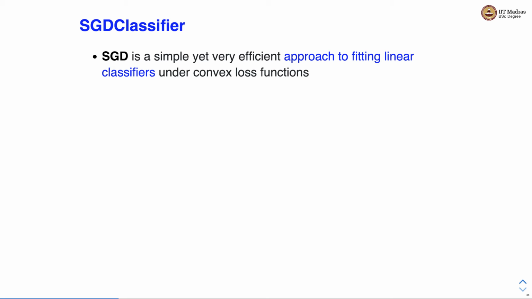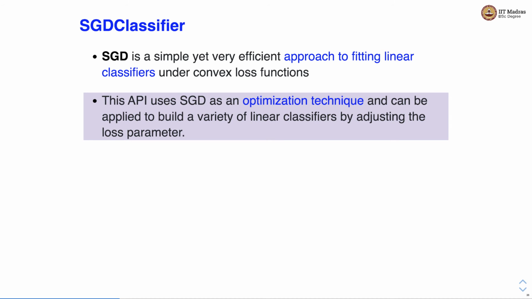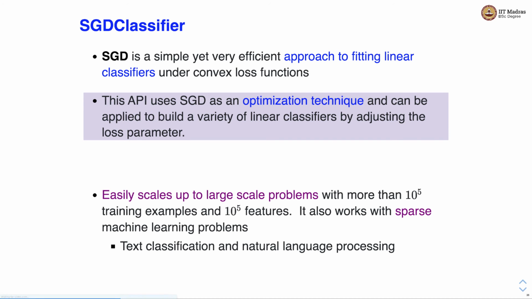SGD classifier uses SGD as an optimization technique. SGD is a simple yet very efficient approach to fitting linear classifiers under convex loss functions. So we can use this API to build a variety of linear classifiers by adjusting the loss parameter. SGD classifier easily scales up to large scale problems.